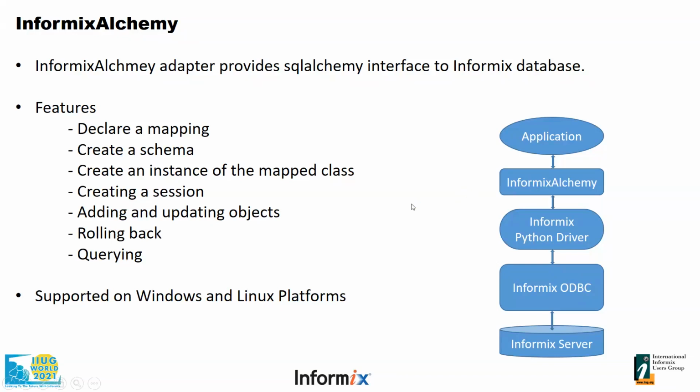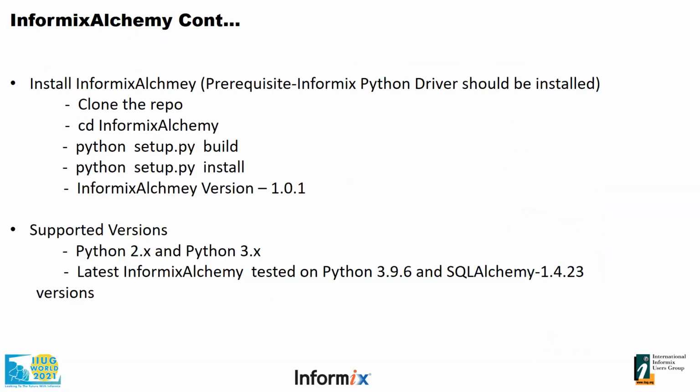We provide support on both Windows and Linux platforms for now. As I said, the prerequisite is that Informix Python should be installed to use InformixAlchemy. You can clone the repo from the GitHub link and go to the InformixAlchemy directory.